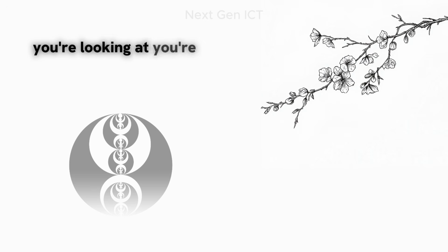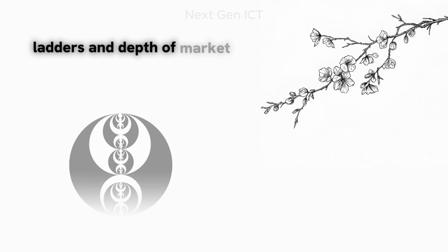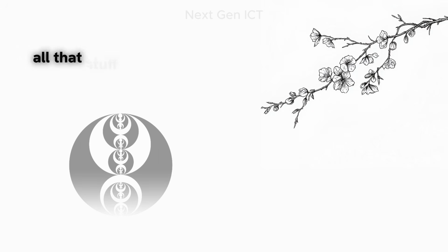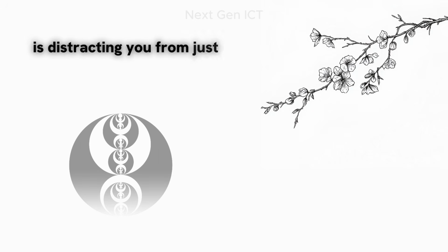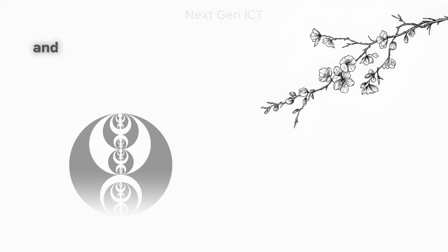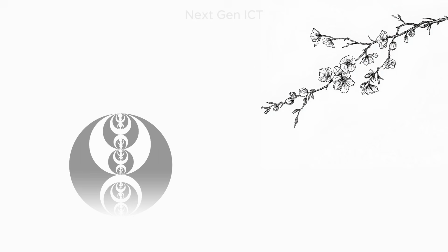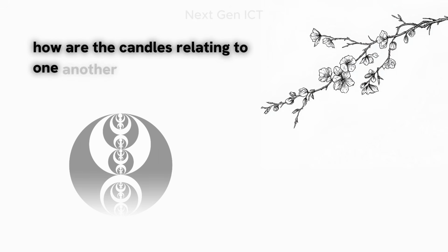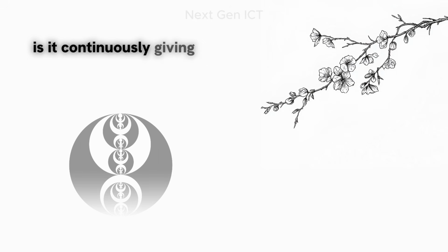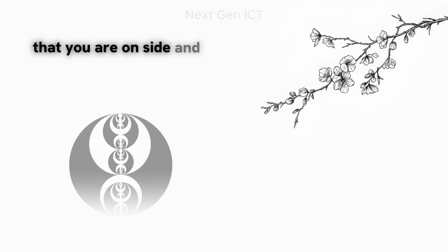You're looking at level 2 data, ladders and depth of market and volume profile. All that stuff is distracting you from just looking at the candles themselves, because they're going to tell you everything you need to see, and it won't divert or dilute your attention. You're simply looking at, how are the candles relating to one another? Is it continuously giving you constructive feedback that you are on side and expecting higher prices?